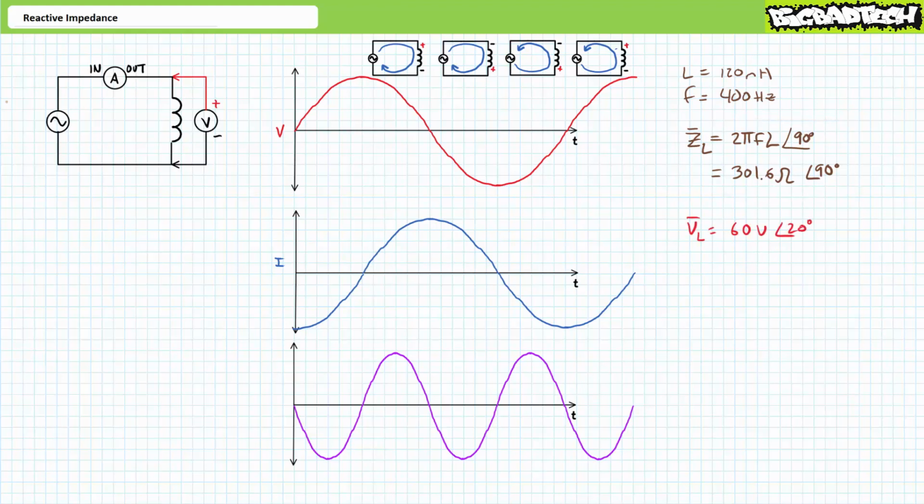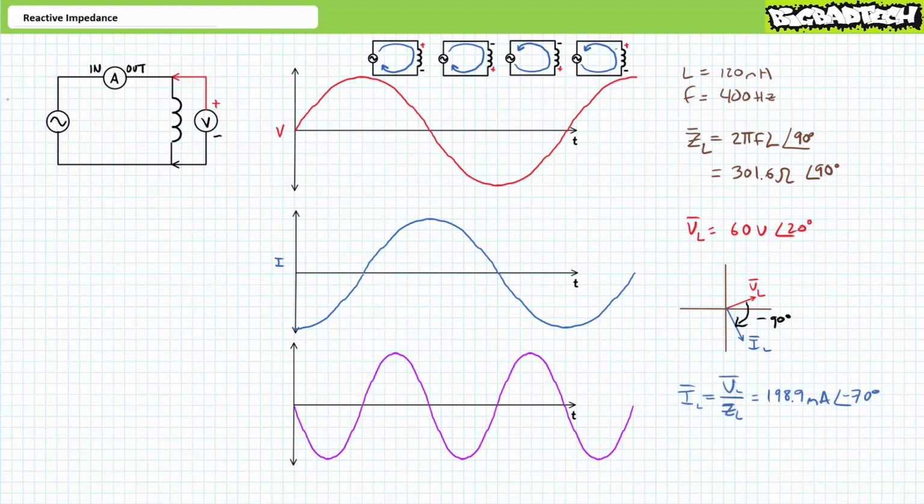This inductor is known to experience a voltage differential of, let's say, 60 volts at an angle of positive 20 degrees. I am absolutely confident that any manipulation of Ohm's law will demonstrate current will lag voltage by 90 degrees. Current, therefore, should have a phase shift of 20 minus 90, or minus 70 degrees.